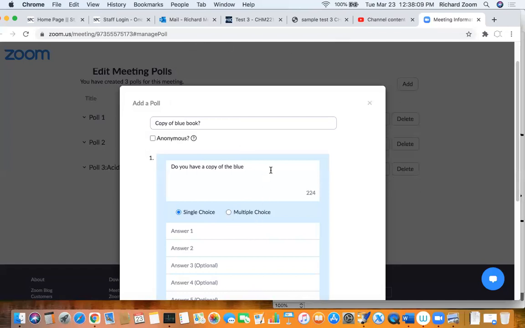Do you have a copy of the blue book in front of you? Actually, I should say a paper copy. Let's be more specific. Or something you can annotate electronically, because some of you are using tablets and writing notes.